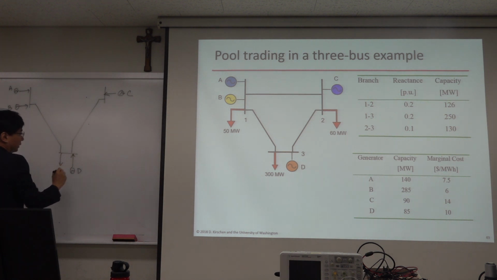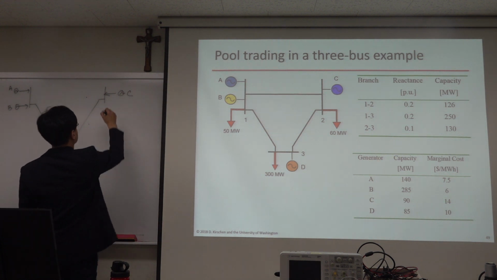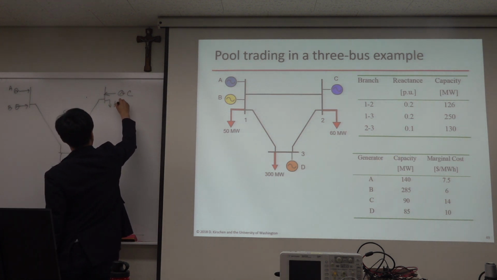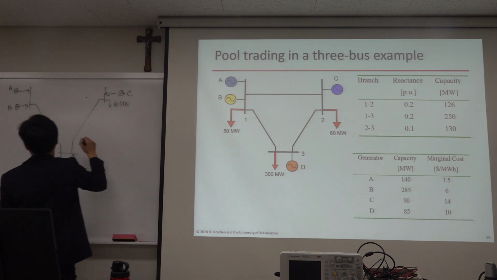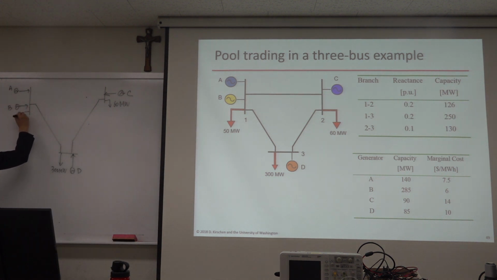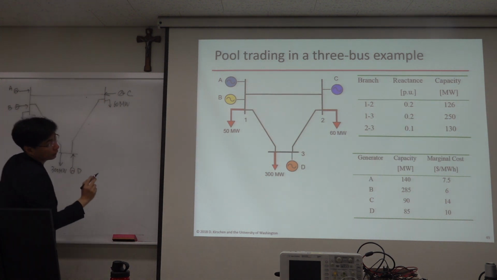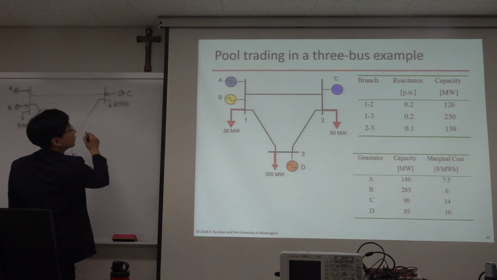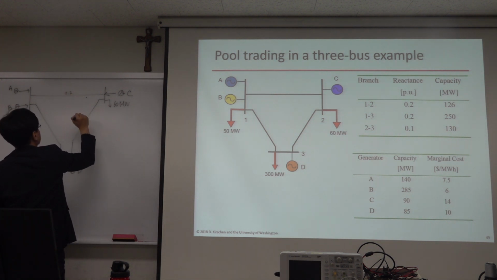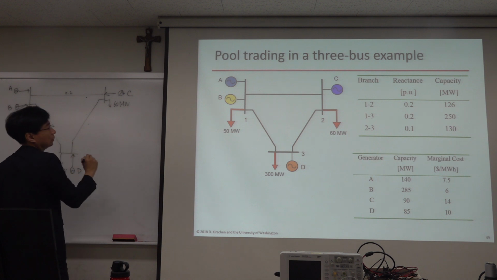This is connected. 300 megawatt, 60 megawatt, 50 megawatt, impedance 0.2, 0.2, 0.1.